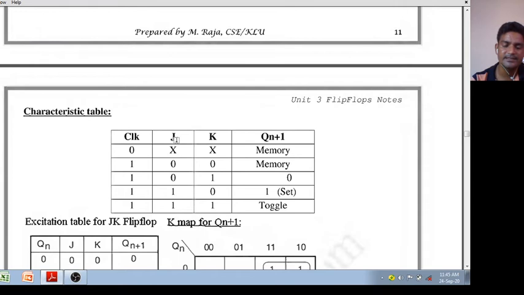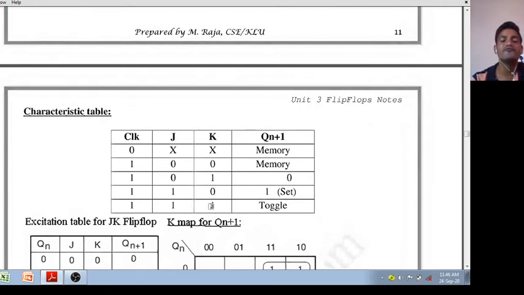This is S, this is R. In case 0 X X, no change, or you can say memory. Now 0 0, no change, so it will be Qn. In 0 1, this is called reset condition, so 0, this is reset.